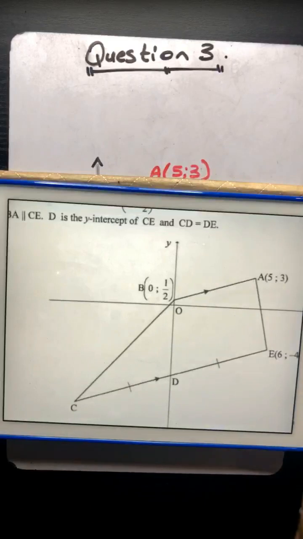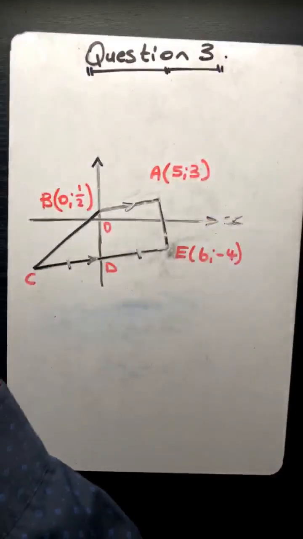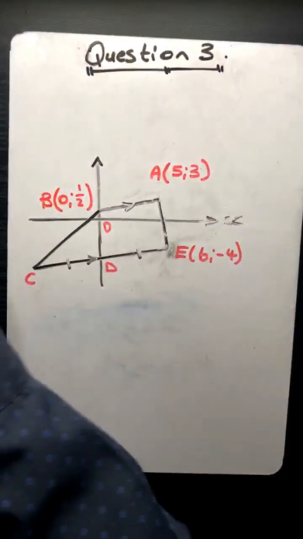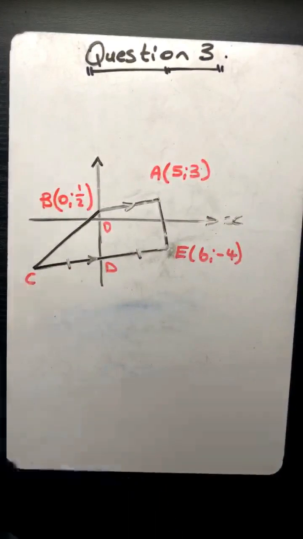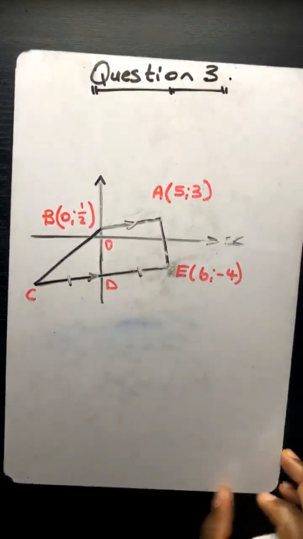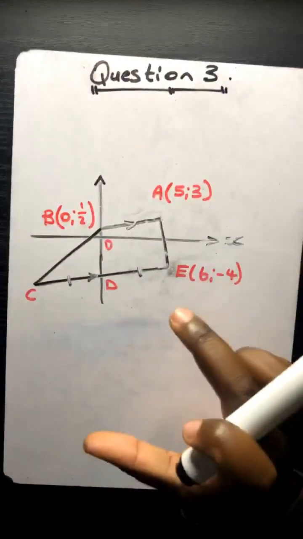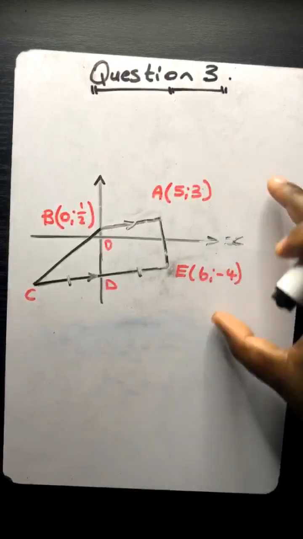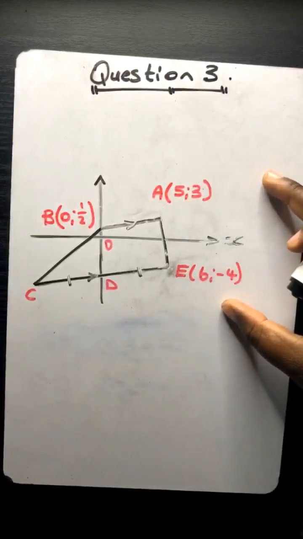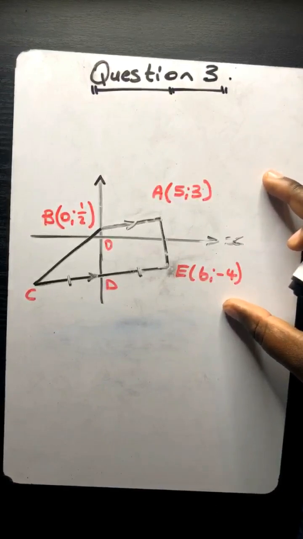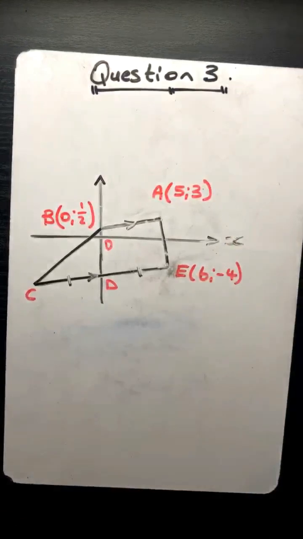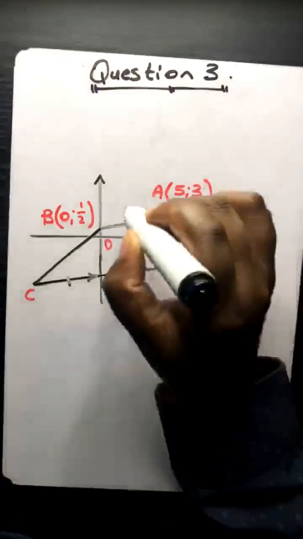Okay. So now that I've read the statement, this is what I want to make you aware of. In most cases, the given statement can also be represented diagrammatically. So what I've just read is represented diagrammatically. You can see already they've given this sign.